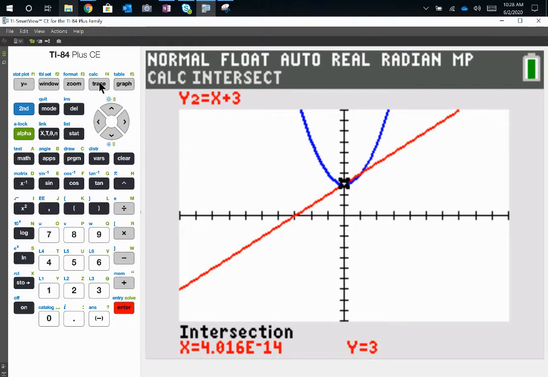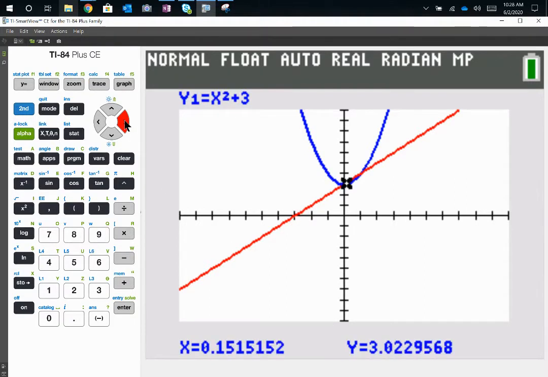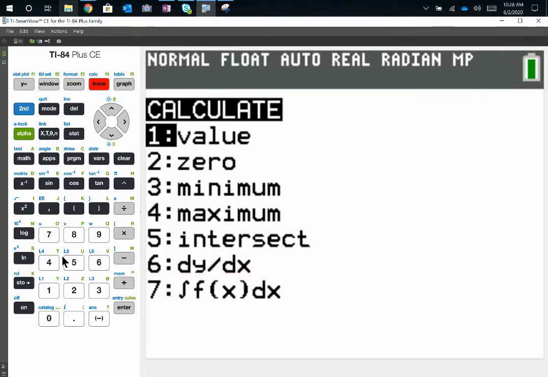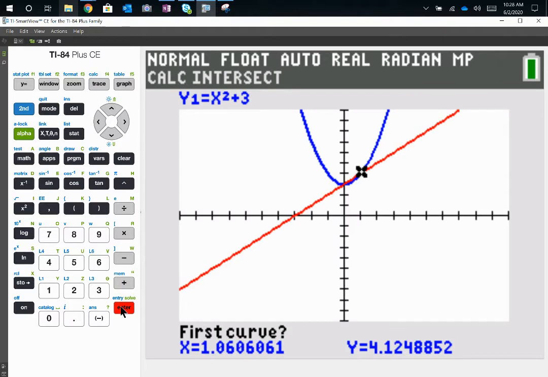Then to get the second point, we move the cursor up there, somewhere close to the intersection. Second, calculate, intersect, enter, enter, enter. And it gives us the second intersection as 1 and 4. So I thought that I had the second intersection as 1 and 5.